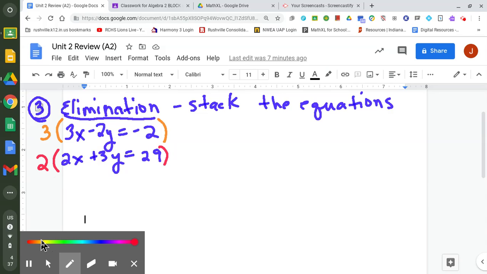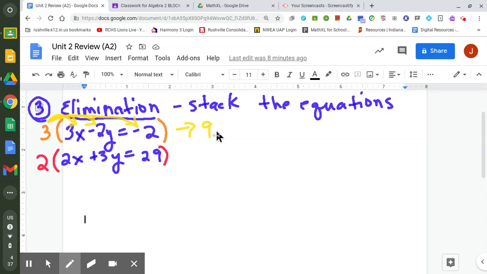What that does is, we're going to distribute that 3 to all of the numbers, because all those terms are in parentheses. So 3 times 3x is 9x. 3 times negative 2y is negative 6y, equals 3 times negative 2, negative 6.